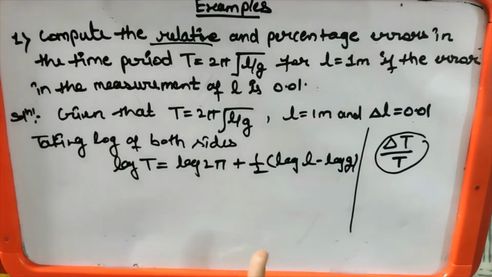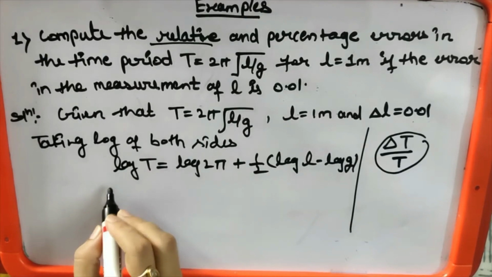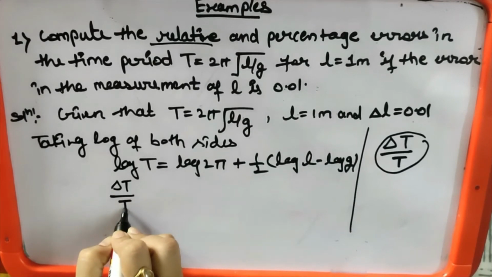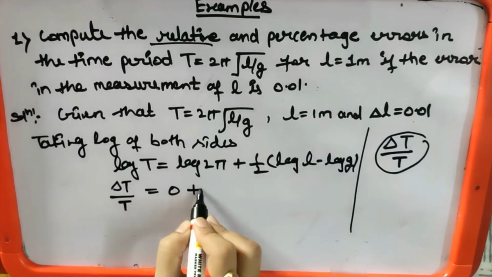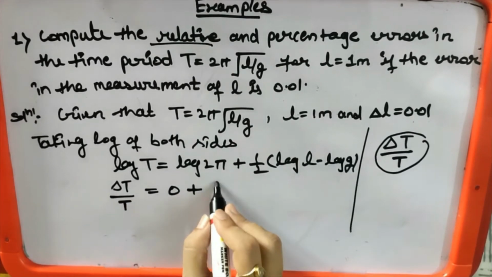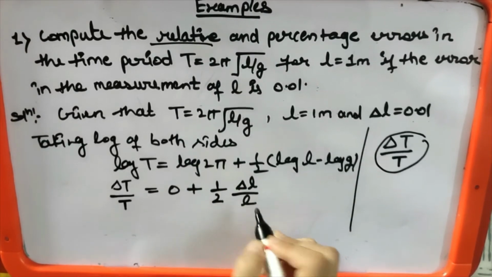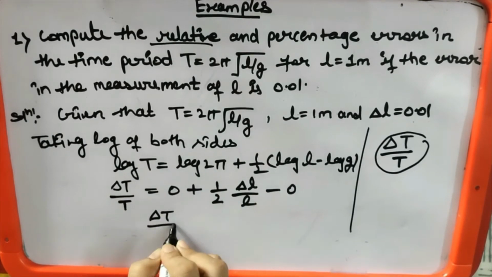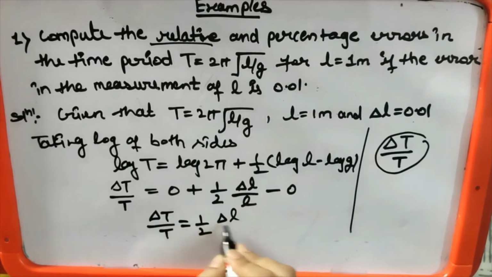Now partially differentiate both sides. It will be delta t upon t equals 0 plus 1 by 2 delta L upon L. This term will be 0. That is, delta t upon t equals 1 by 2 delta L upon L.